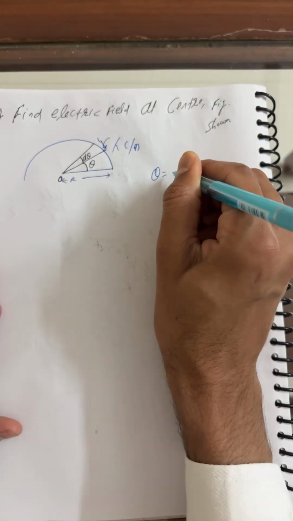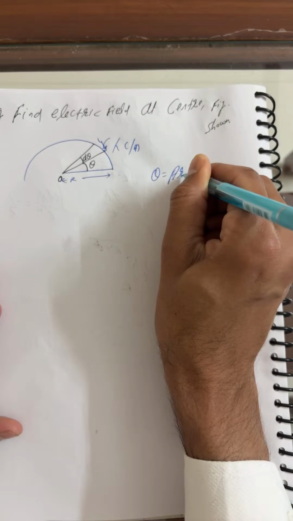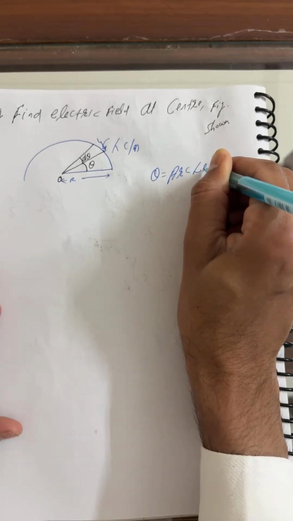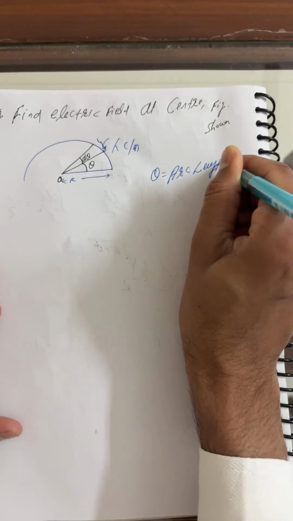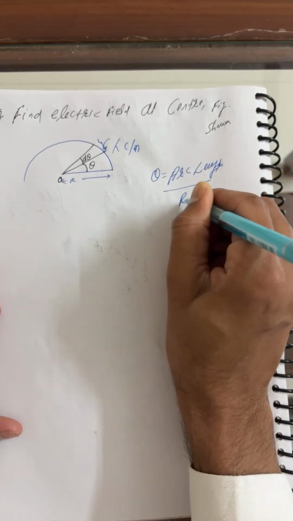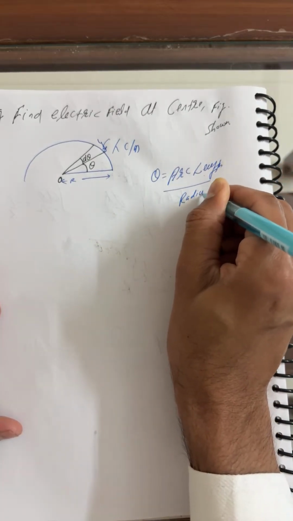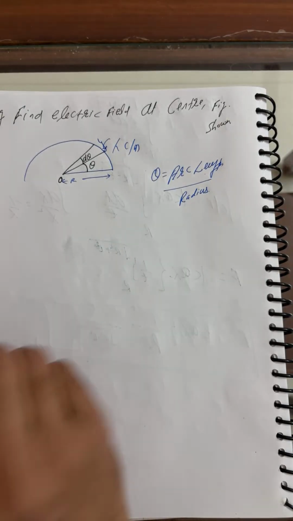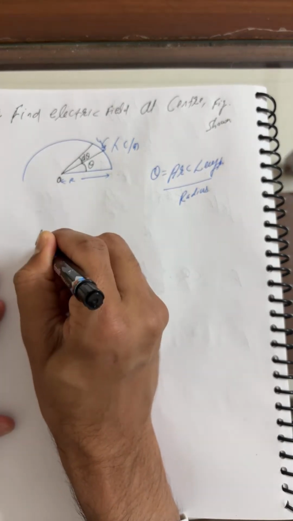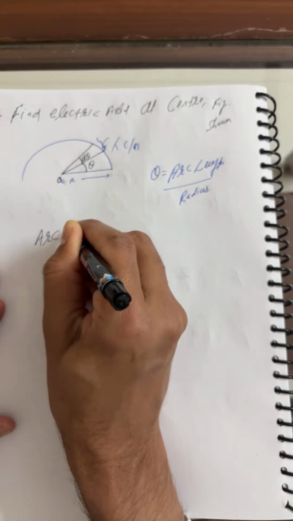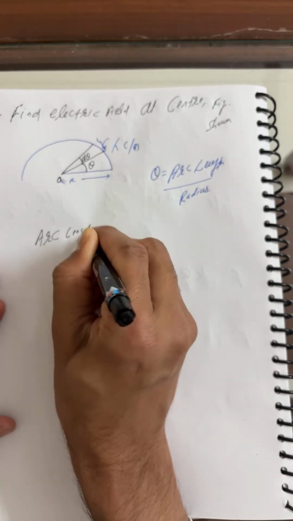What is theta? I hope all of you remember, theta is arc length upon radius. So simply I can write here, arc length.